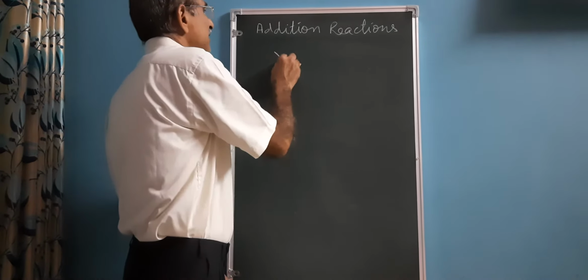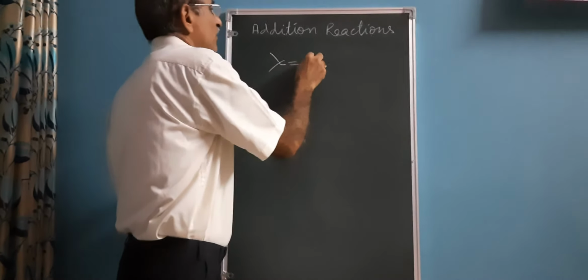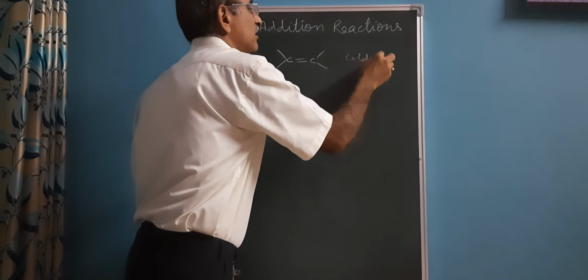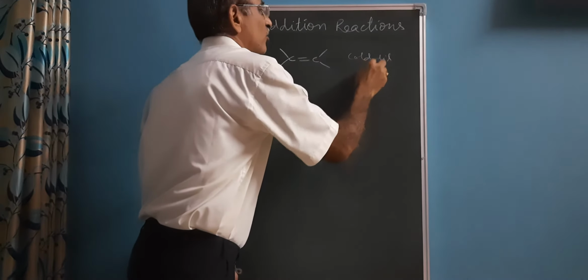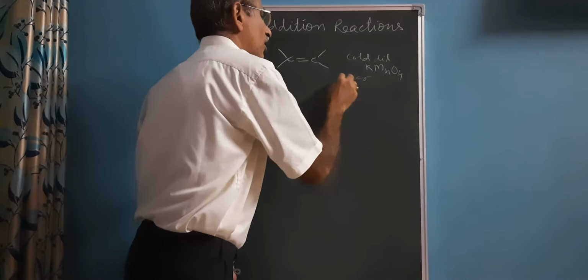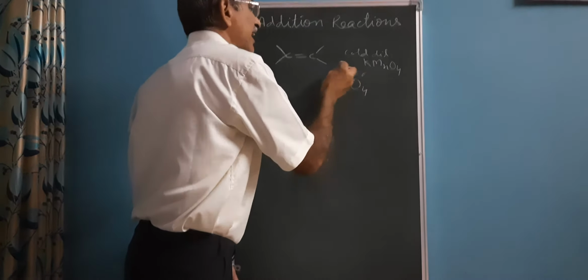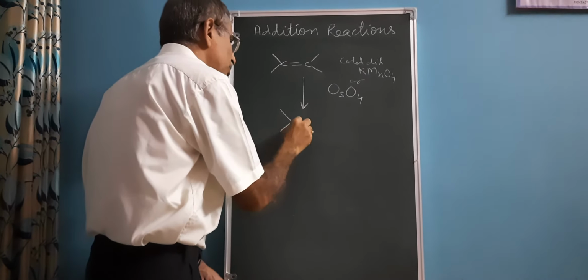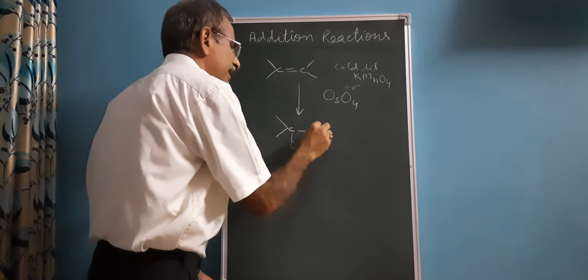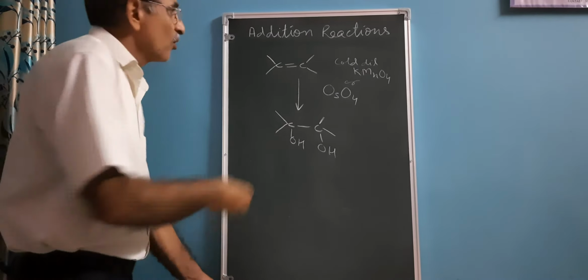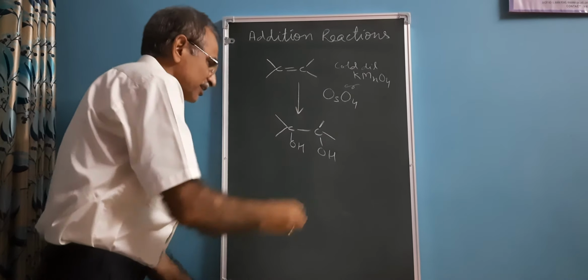Whenever we have cold Bayer reagent, that is cold dilute KMnO4 solution, or osmium tetroxide, in that case addition of 2 OH groups takes place, and here the addition is cis. Why does cis addition take place here?